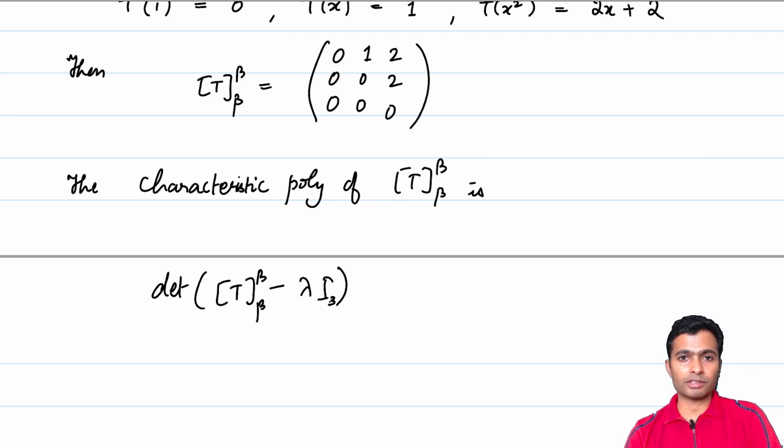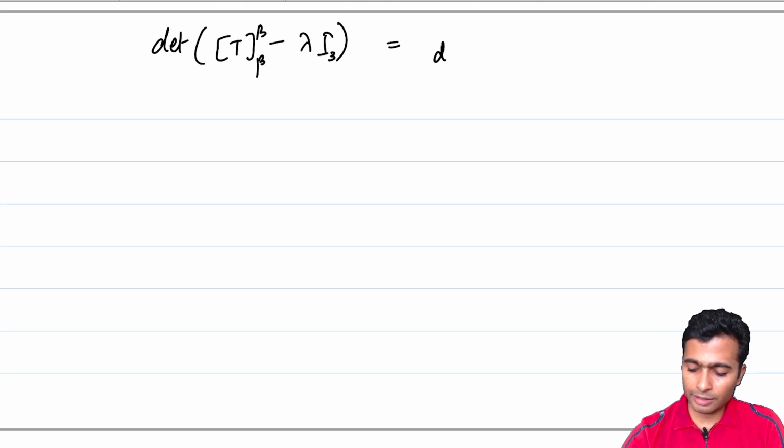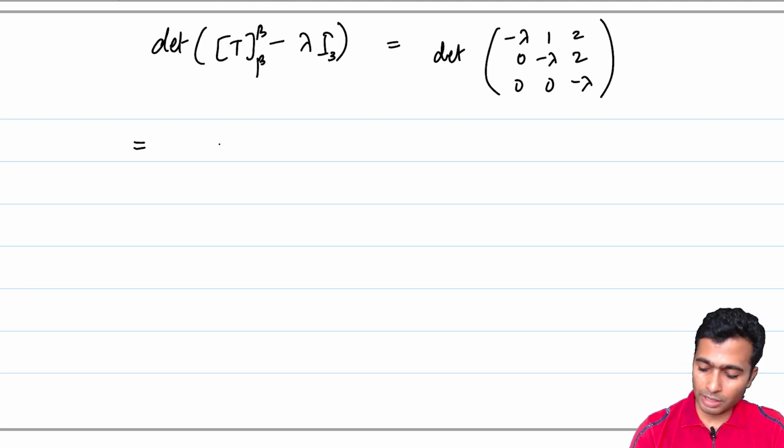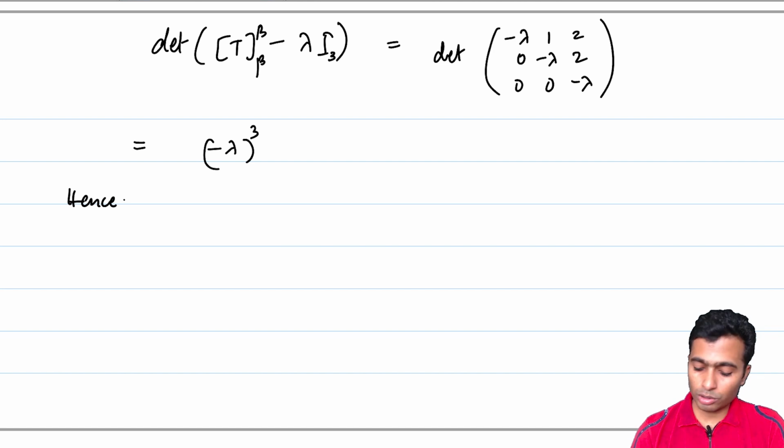So this matrix is a 3 cross 3 identity matrix, and we'll be able to write this easily as the determinant of minus lambda, 0, 0; 1, minus lambda, 0; 2, 2, minus lambda, which is nothing but minus lambda to the power 3. And therefore, the root of the characteristic polynomial is just 0.